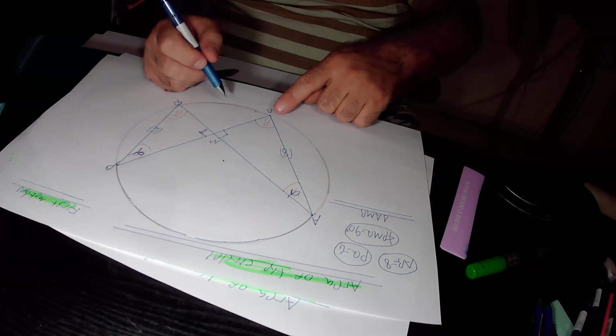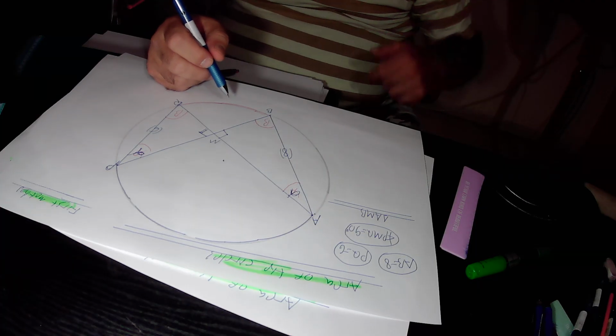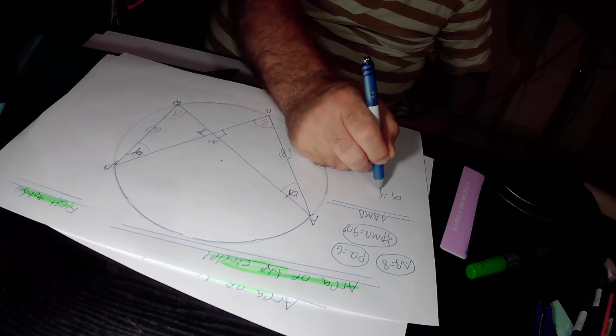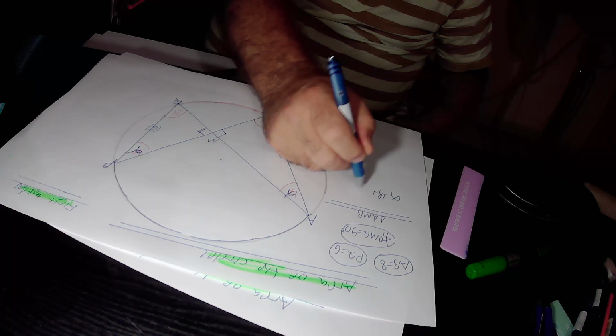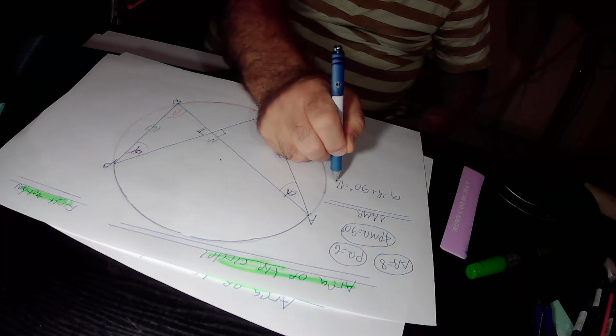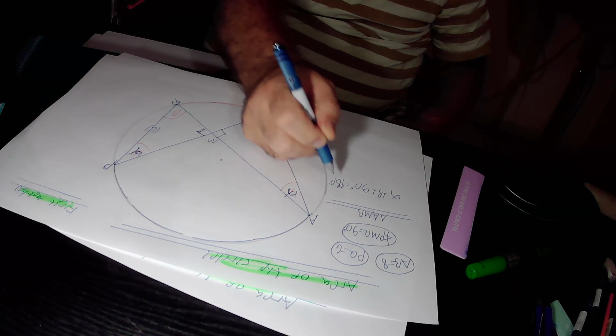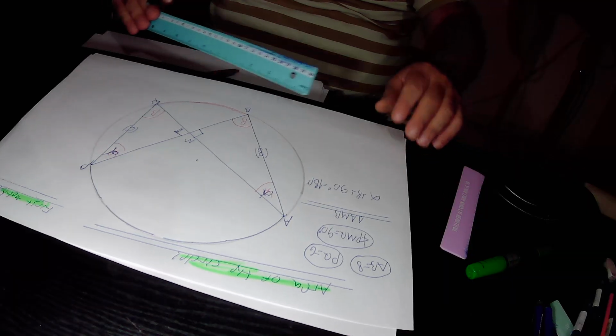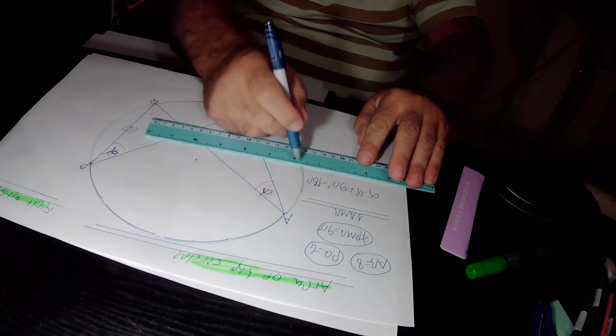Angle alpha plus angle beta plus 90 degrees, in total they must be equal to 180 degrees, according to the rule that the sum of the angles in any triangle is equal to 180 degrees. So alpha plus beta plus 90 degrees equals 180 degrees.